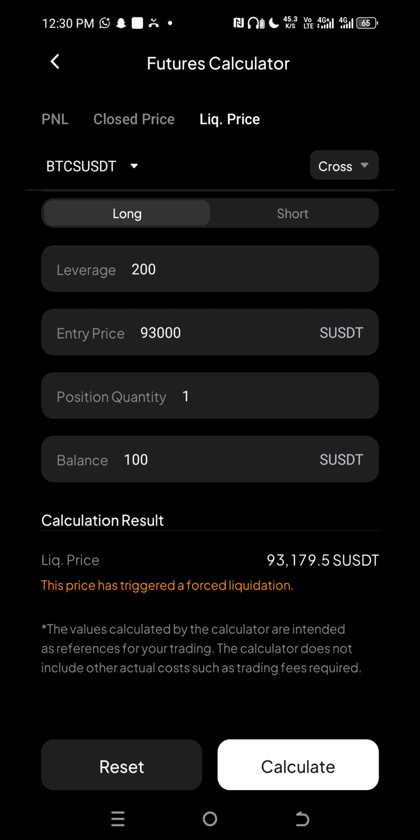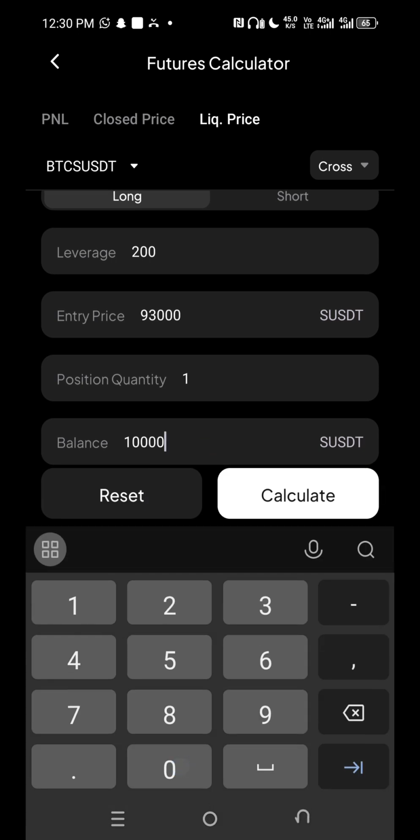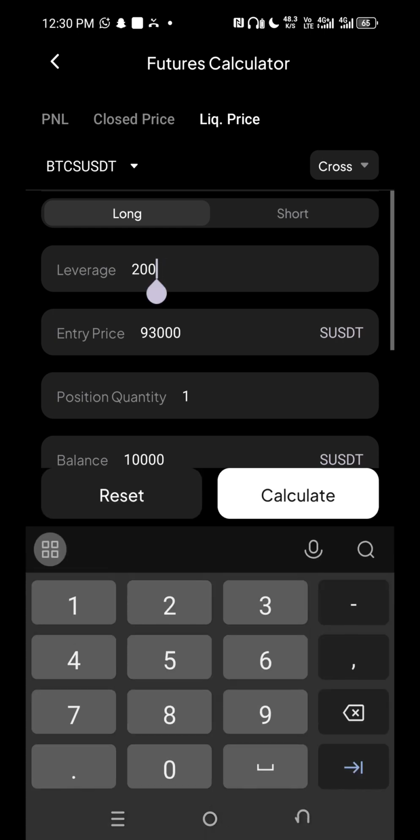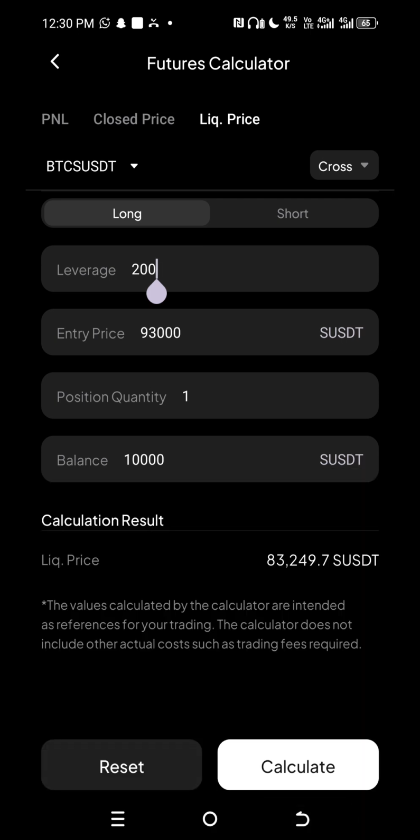Okay, if I'm taking a long trade, let me just put $10,000. So with $10,000, you see, my liquidation price is far. If I'm risking only one quantity, my liquidation price is far here. But in a case where you have smaller money, your liquidation price will be close. You understand?